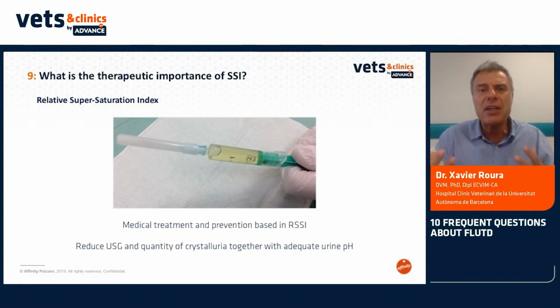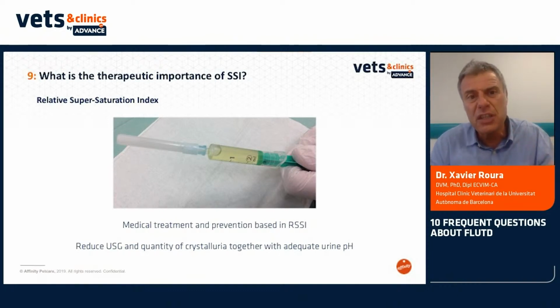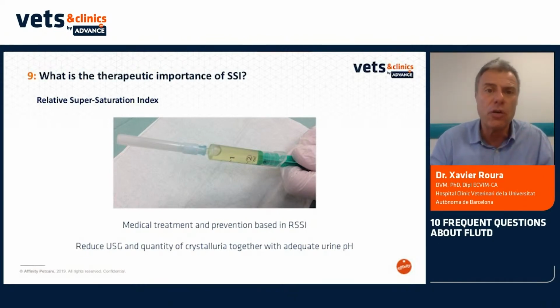And how do we manage this supersaturation index? It requires evaluation of the urinary specific gravity, the quantity of crystalluria found in the urine, and also the pH of the urine. These three factors are the important factors in the relative supersaturation index.